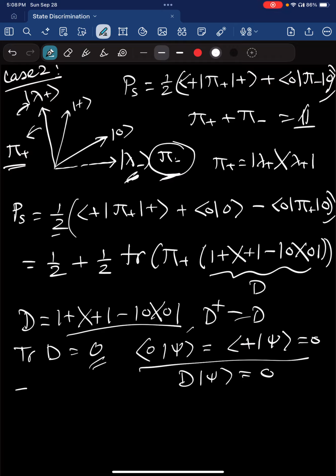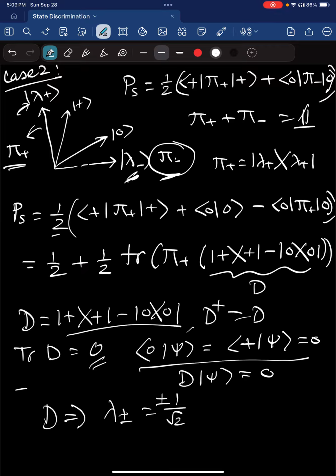So of course we have the eigenvalues of plus c and minus c, and you can actually calculate them, and you can see that D has the eigenvalues plus minus one by root two here.